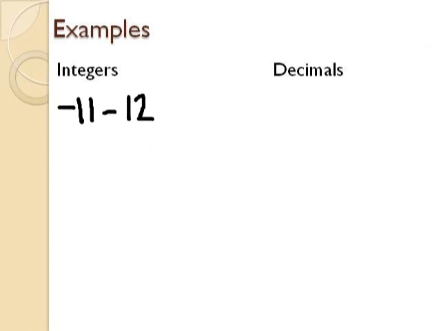Okay? So if I were doing this problem, I would use the problem as it's written. I'm going to keep the negative 11 the same. I'm going to change subtract to add, so I'm just going to put a plus sign there. I'm going to change the 12 to its opposite, which is negative 12. Okay, and now I have the addition problem, negative 11 plus negative 12.